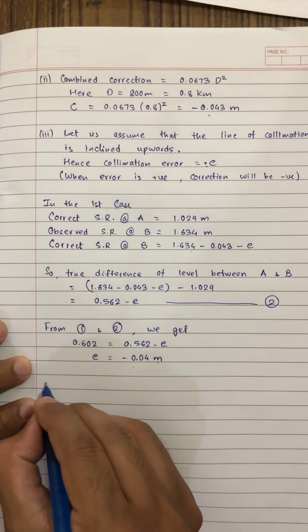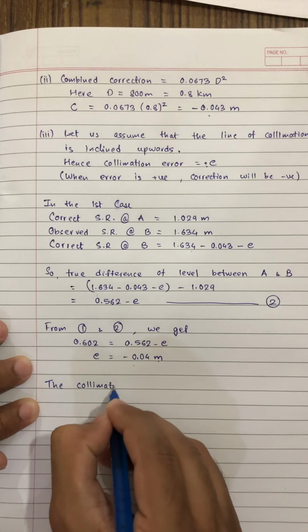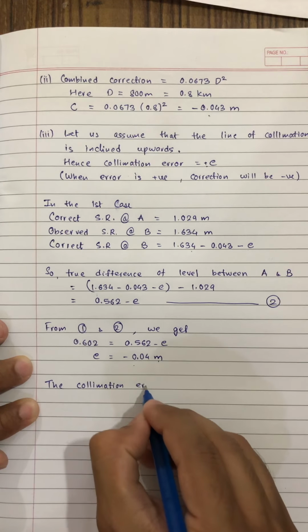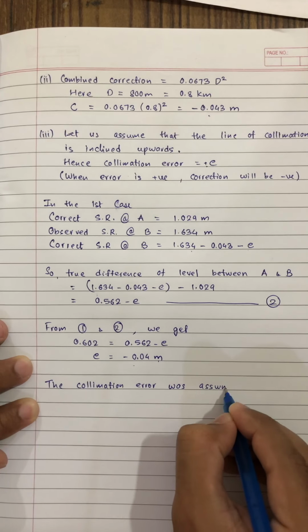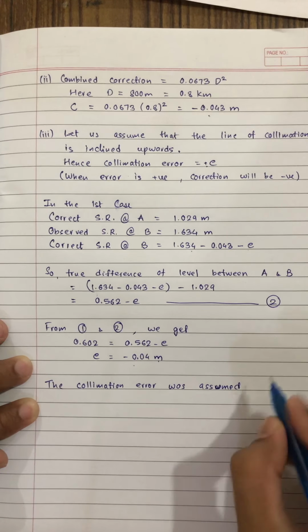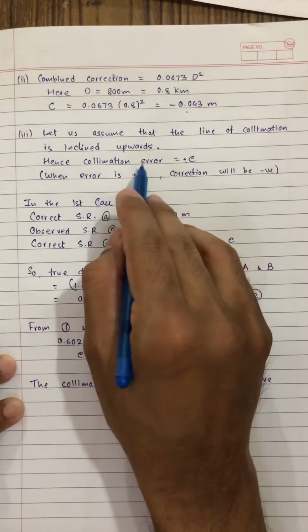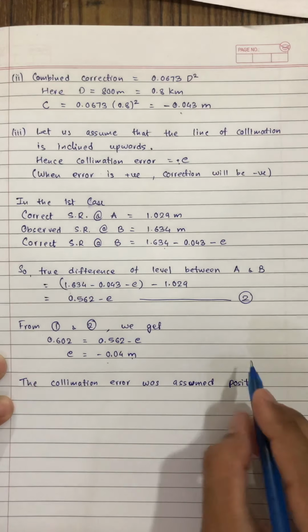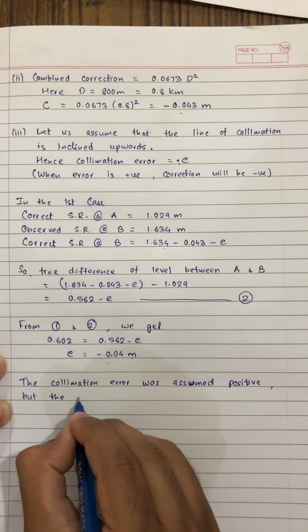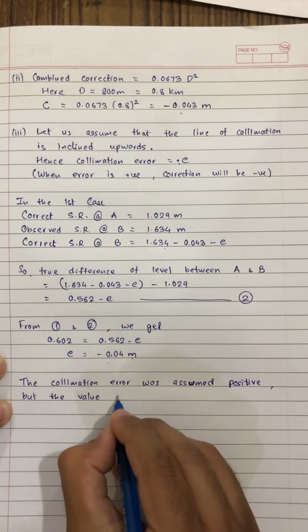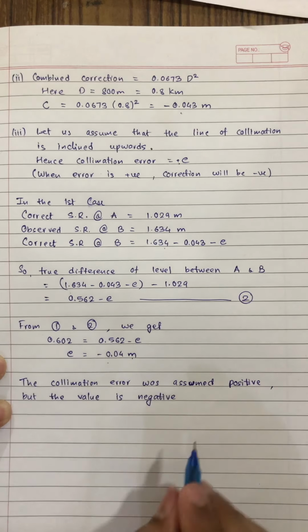Next, we can write that the collimation error was assumed positive, but the value came out negative.